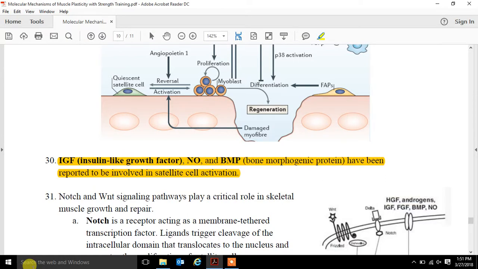All have been reported in the literature to be involved in the activation. What's actually happening with these cells is there appear to be two signaling pathways, the Notch and the WNT signaling pathways, when it comes to growth and repair of actual muscle damage.